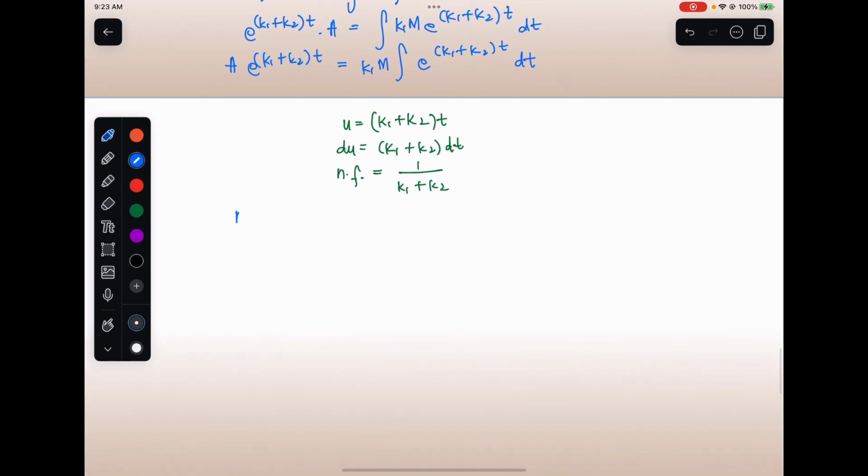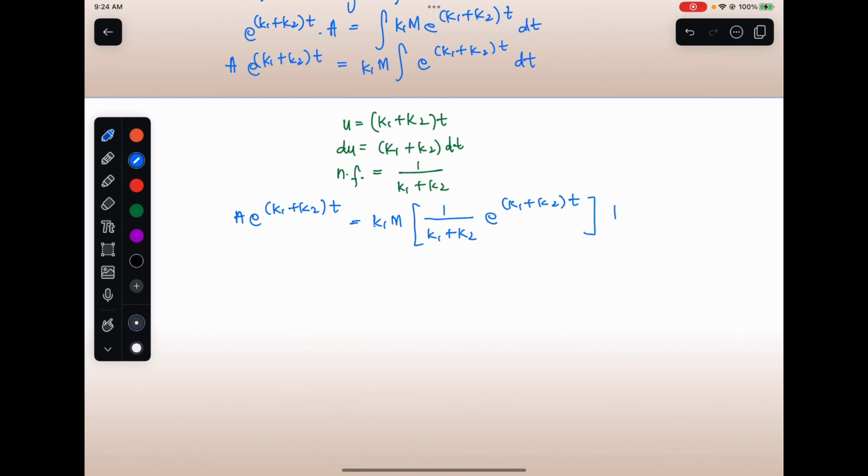So thus, our integral then is a e raised to k1 plus k2 times t, equal to k1 times m, and we start with the neutralizing factor of 1 over k1 plus k2, and then that is e raised to k1 plus k2 times time.